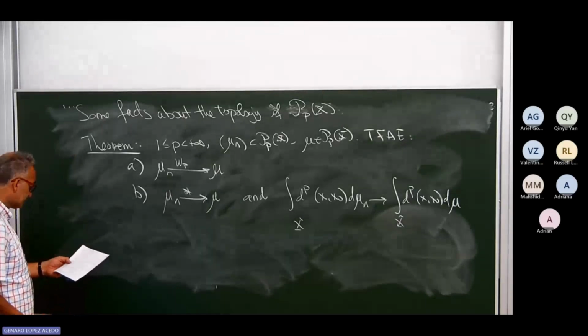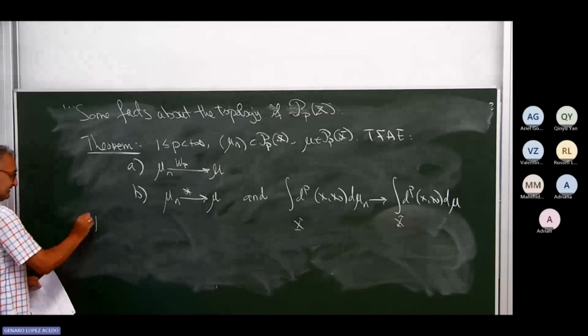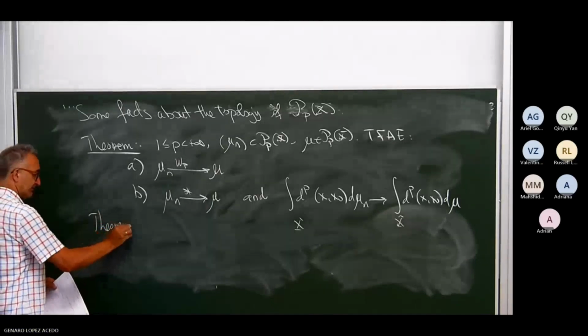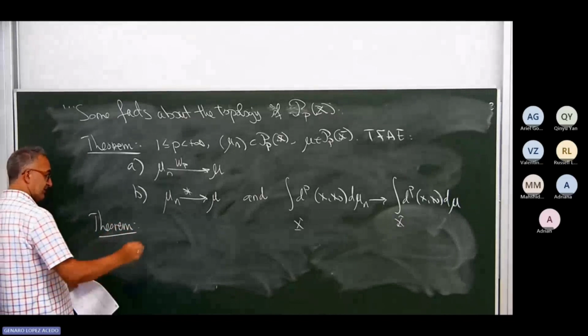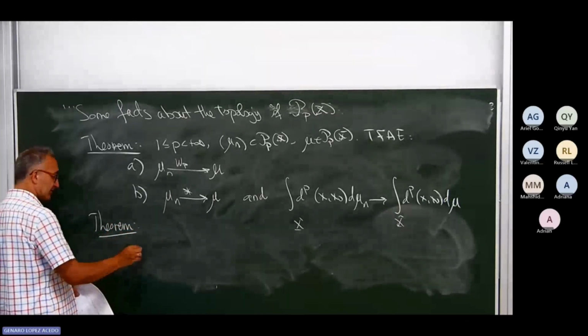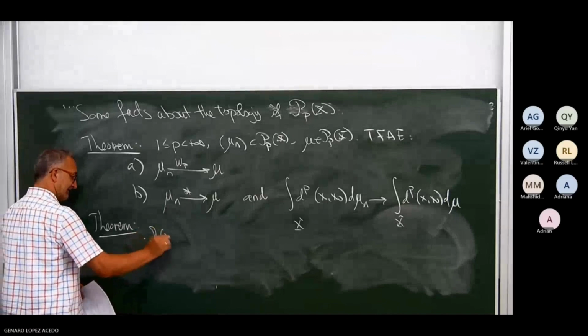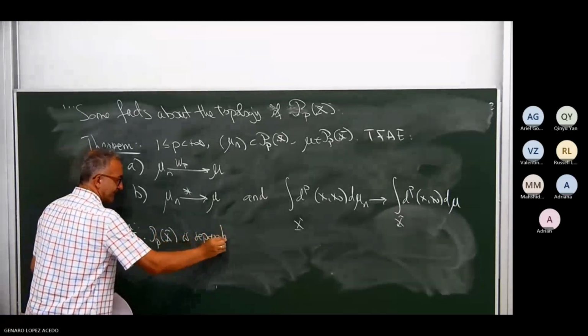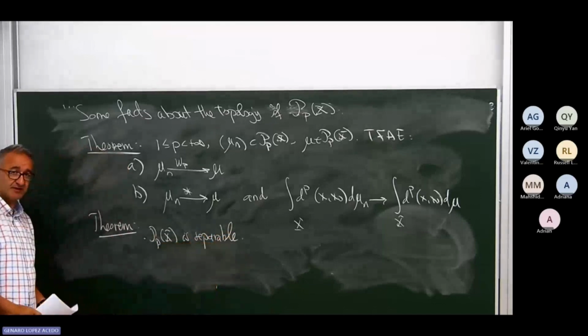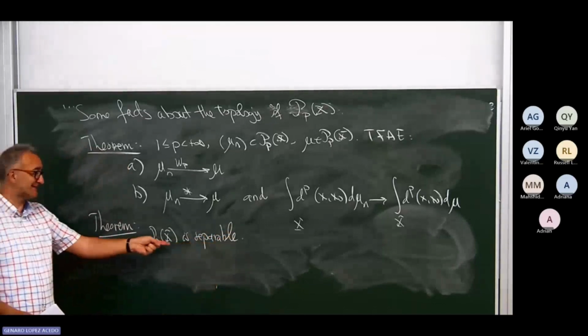Then, which other facts do we have? Well, we're assuming X is separable. That space also is separable, right? We are always assuming X is separable.